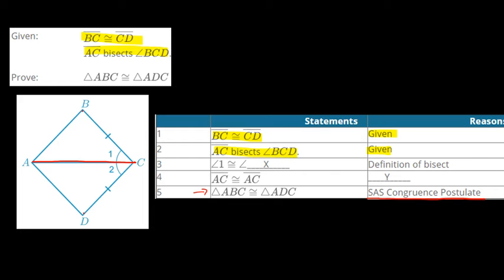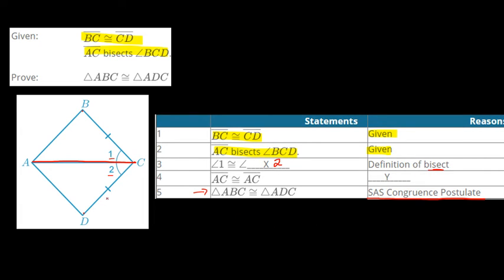Hopefully by now it's somewhat of a reflex for you to know that if something bisects an angle, then it separates the angle into two angles of equal measure. So if AC is a bisector for this angle BCD, then angle 1 must be congruent to angle 2, based on the definition of bisect.